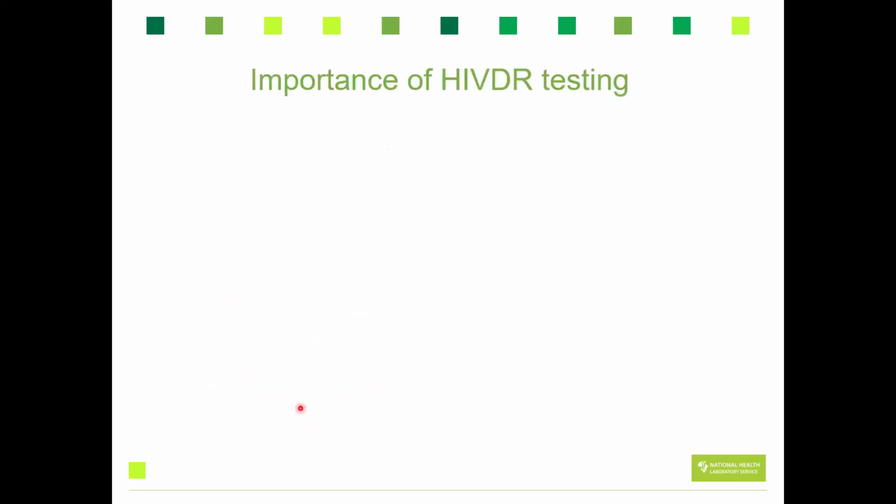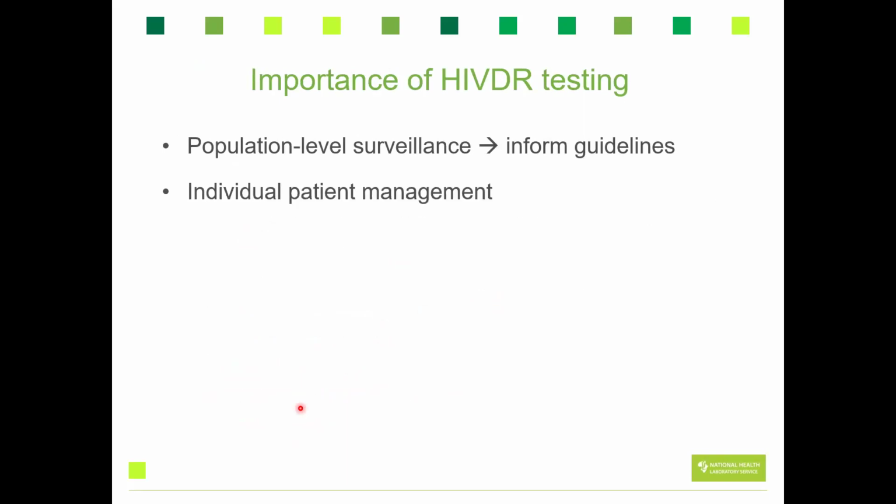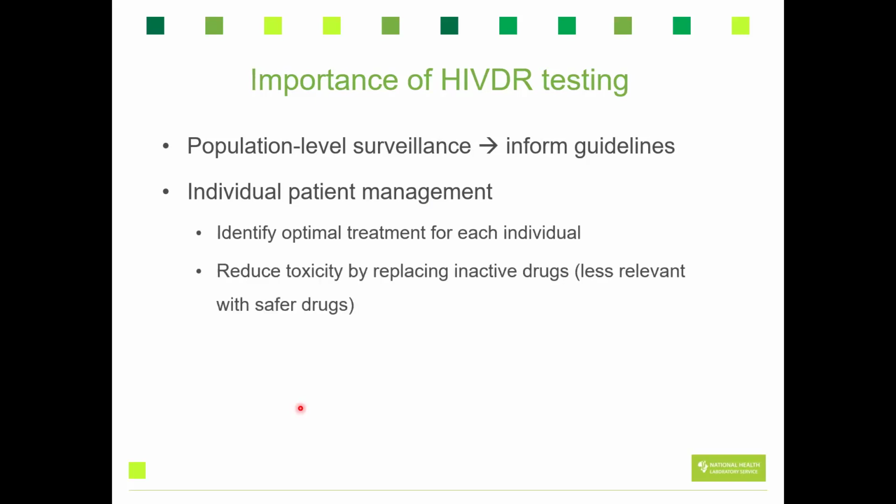Okay, so why is resistance testing important? On a population level, the surveillance is important for us to inform guidelines. The example I gave you from the switch from efavirenz to DTG-based first-line treatment. Obviously, individual patient management to identify optimal treatment for each individual, but also to reduce toxicity by replacing the inactive drugs that might have toxicity.